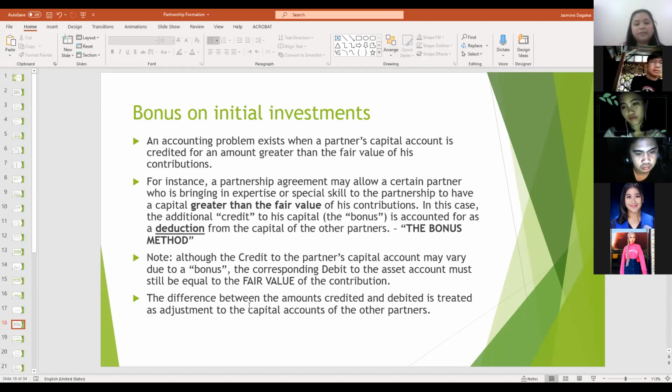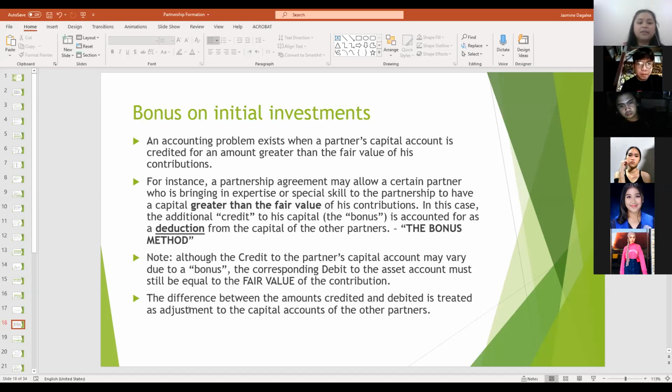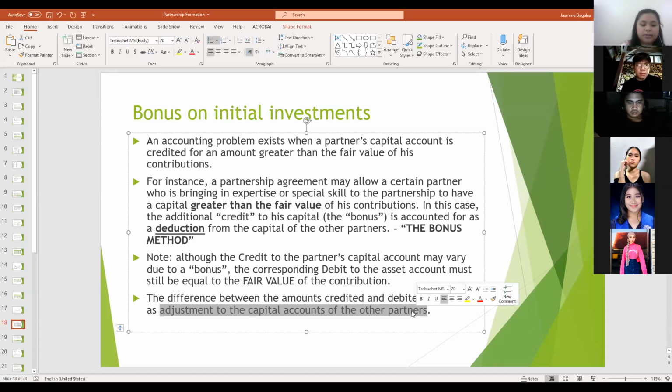Yan. The difference, so meaning dito, hindi nyo i-adjust sa value ng assets na kinontribute. I-adjust nyo siya sa equity accounts. Yan. The difference between the amounts credited and debited is treated as adjustment to the capital accounts of other partners.